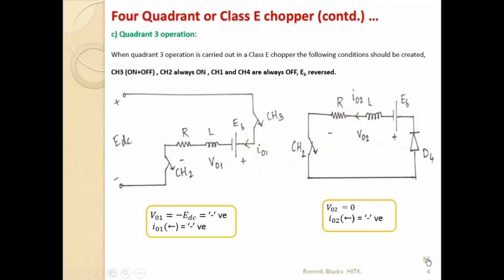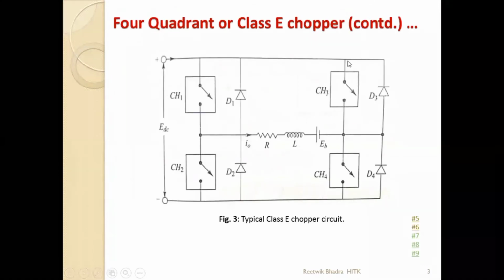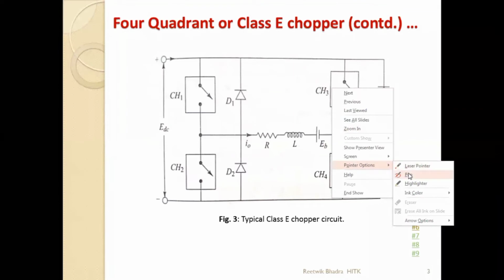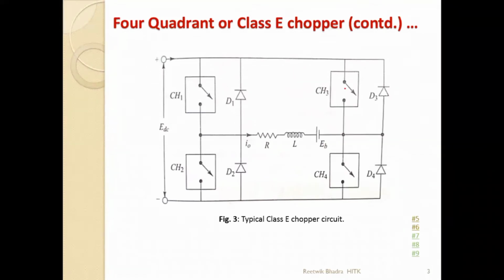Now, if you go to the main figure, this one. So now CH3 is on. CH2 is also on. This is kept always on. So current starts flowing from this, goes through this. EB terminal is reversed. So this is plus, this is minus, goes in this direction, flows through CH2 back to this negative.